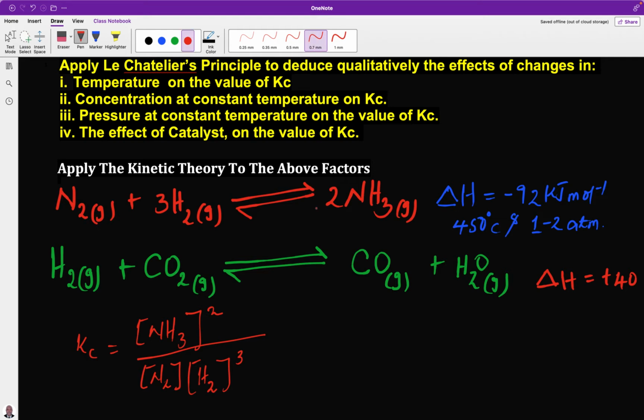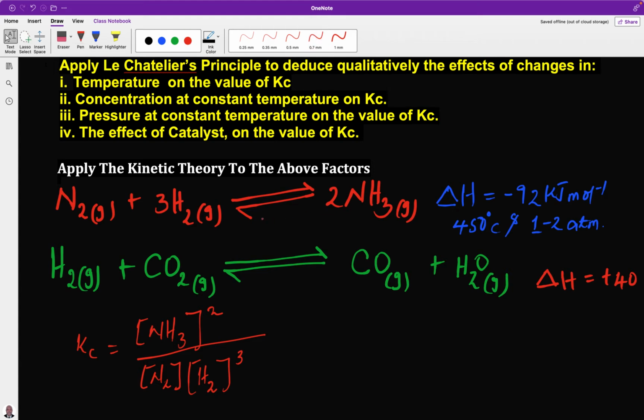The production of ammonia is more favorable under exothermic conditions. So if we increase the temperature of the system, what happens? The equilibrium shifts more but to what?